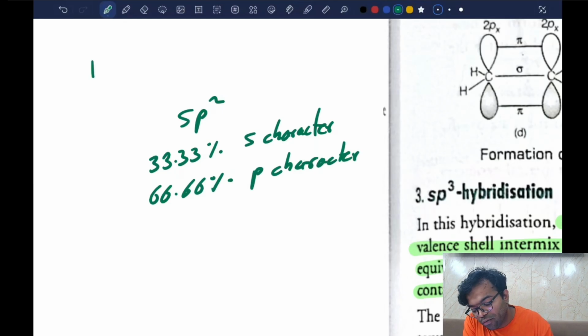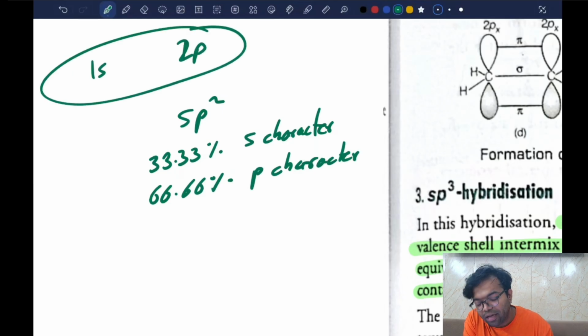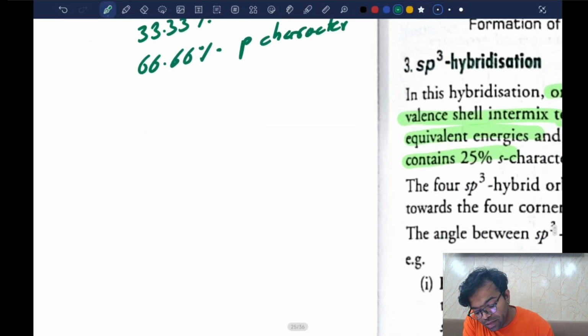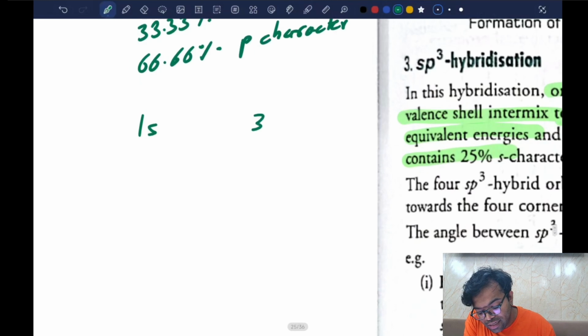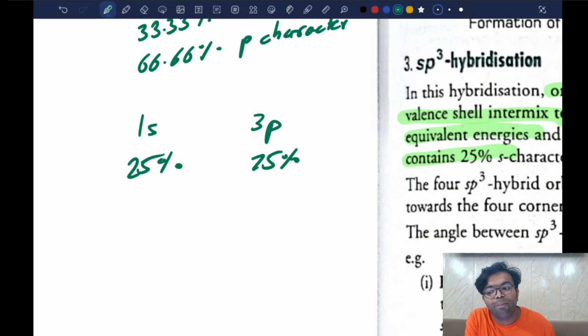Because you required one s and two p orbitals to make this sp2 hybridization possible. In the case of sp3, you have one s and three p. Therefore, the s character will be 25% and the p character will be 75%. Clear? That's how the percentage takes place. The s character and the p character.